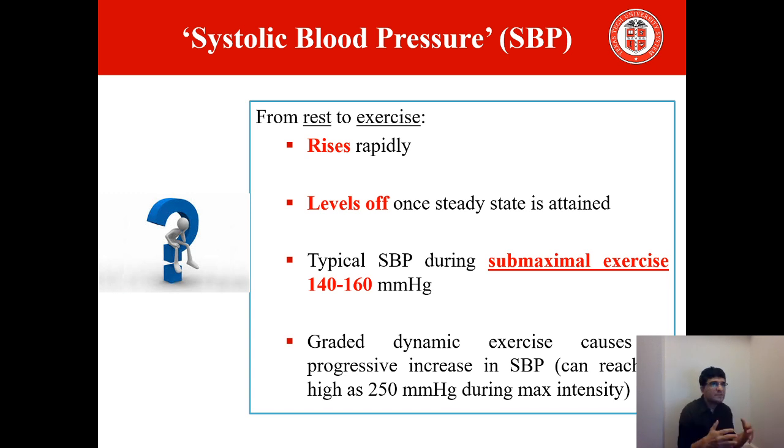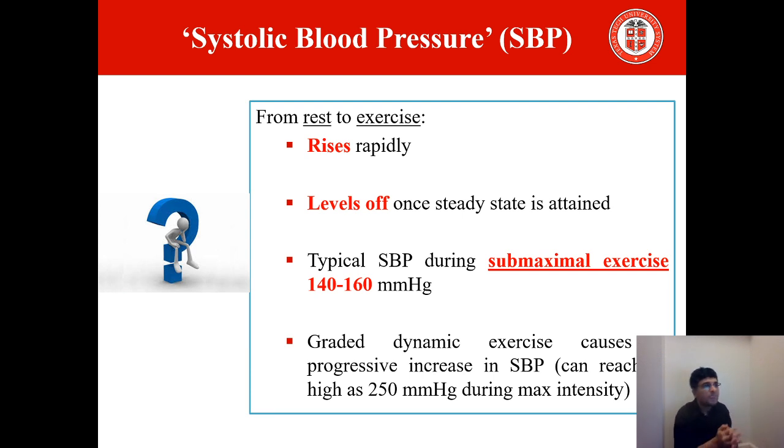Typically, once somebody is exercising just a little bit below maximal capacity, the blood pressure is somewhere between 140 to 160. So if you put somebody on a treadmill and observe a systolic blood pressure of 140 to 160, it means the person is exercising well and you are getting a really good response.